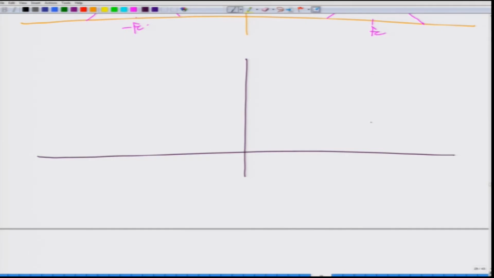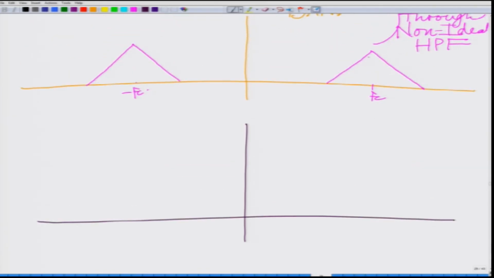That gives rise to some signal which is not exactly the upper sideband modulated signal. It has something which looks basically like this. If I were to draw this signal approximately, this is FC, and it would be something that looks like this.